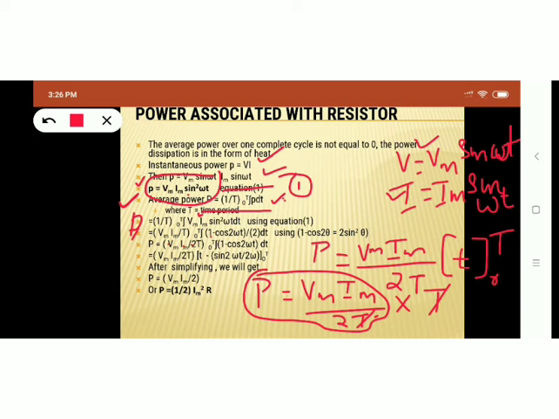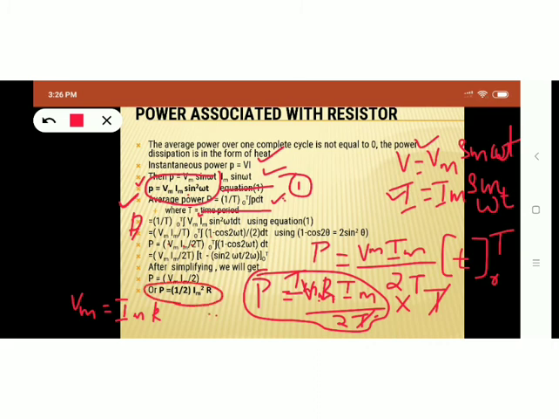Okay, and here you can also substitute V is equal to IR. So whenever you substitute, you can write Vm is equal to Im into R. So Im R into Im, that is Im square R, all divided by 2.